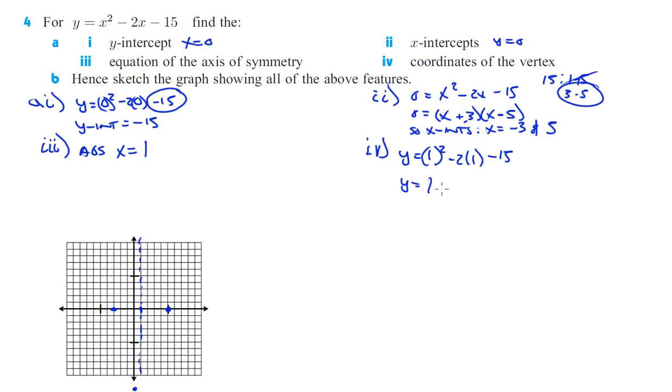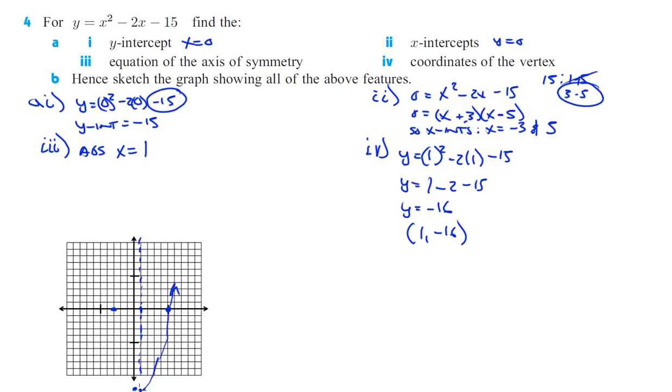So y is going to equal 1 minus 2 minus 15. So the y coordinate of the vertex is going to be negative 16. So the vertex is at 1, negative 16, which again you can't quite see down there, so you kind of got to put it way down there.